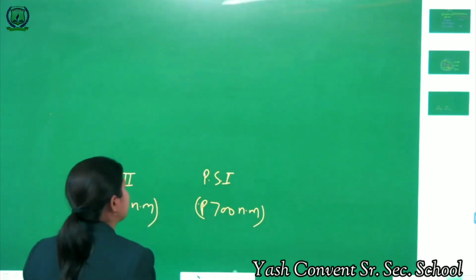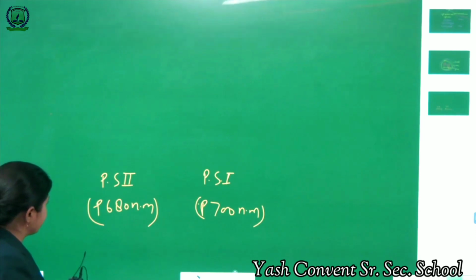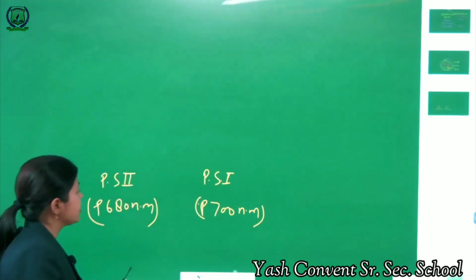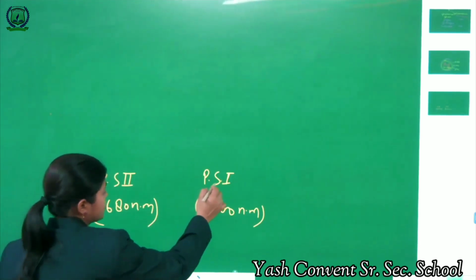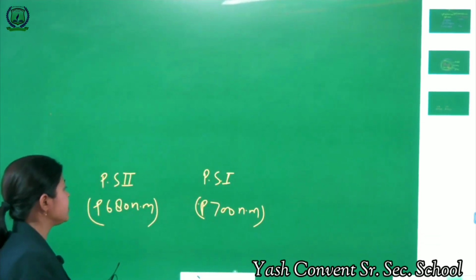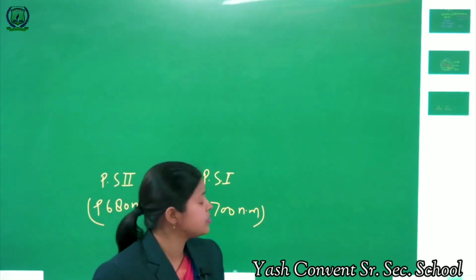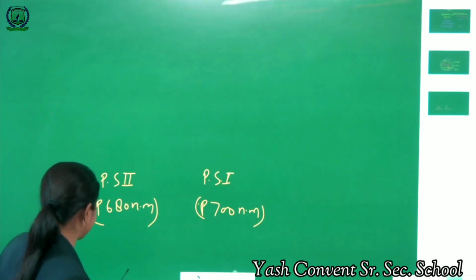The names photosystem first and photosystem second are given according to the order of observation: photosystem first was observed earlier, and photosystem second was observed afterwards.